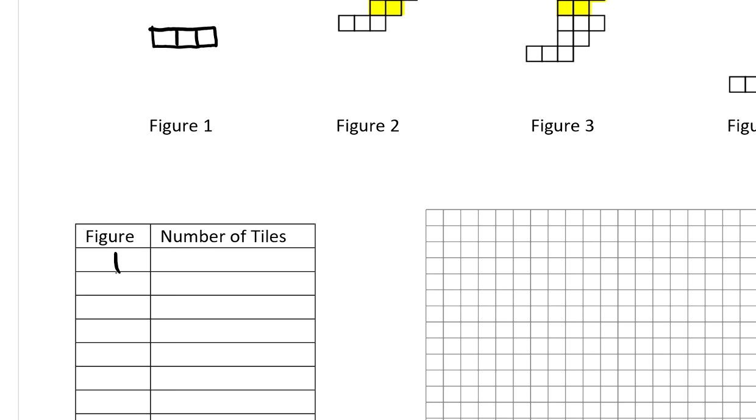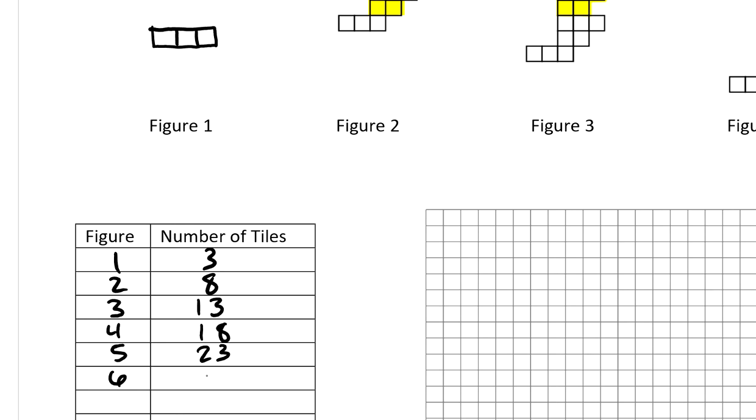Figure 1 had 3 blocks, figure 2 had 5 more, 8, figure 3 added 5 more, so it was at 13. Figure 4 went to, I can't add 5 to that. Yeah, I can. It's 18. Figure 5 went to 23.